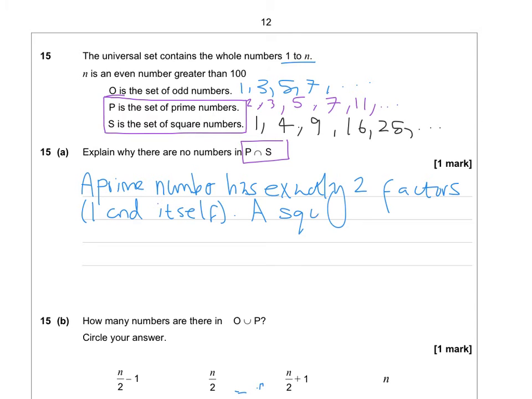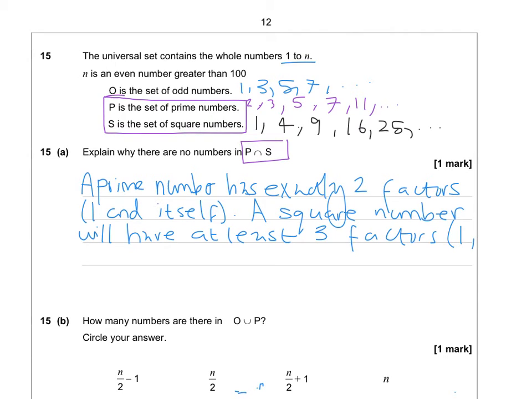A square number will have at least 3 factors: 1, itself, and its square root.